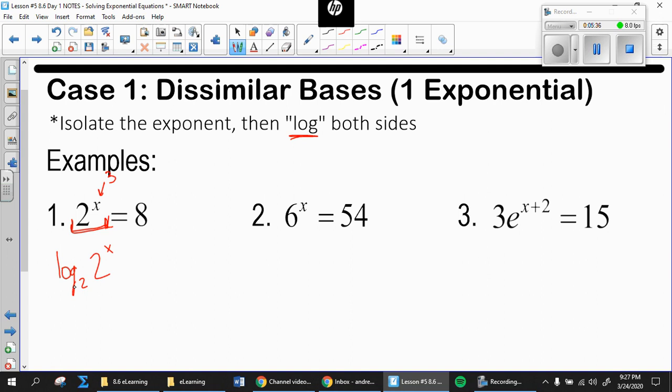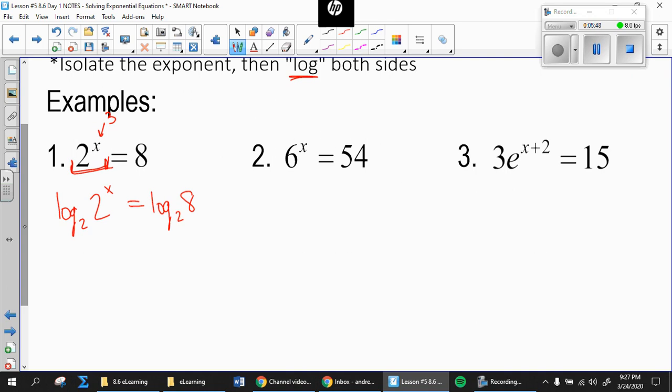Because log base 2 and this 2 are going to cancel each other out, leaves us with just this. If I take log base 2 on the left side, I have to take log base 2 of the right side as well. And so over here, these are going to cancel, leaves us with just x. On the right side, we're left with log base 2 of 8.